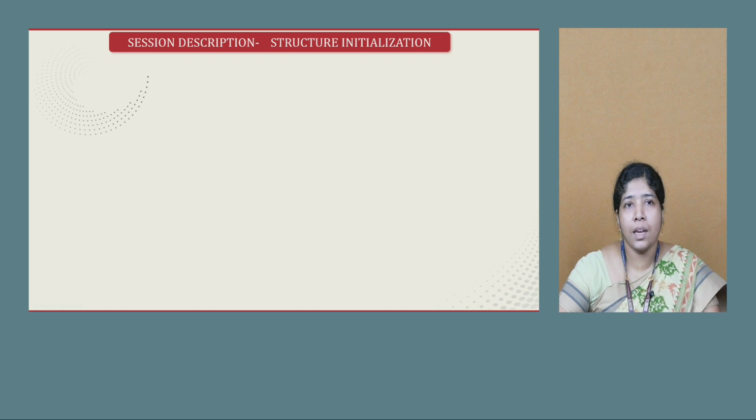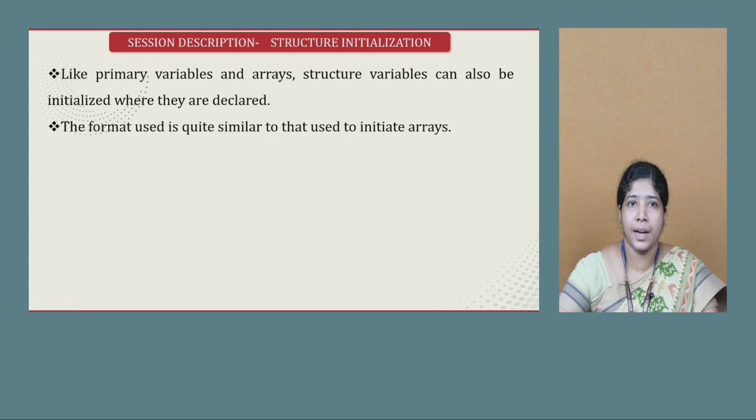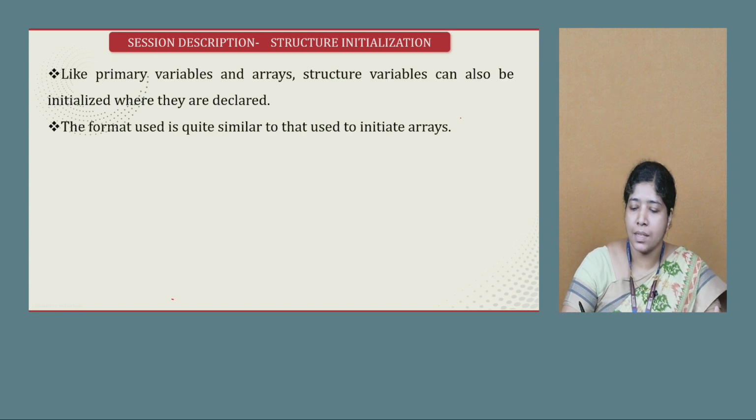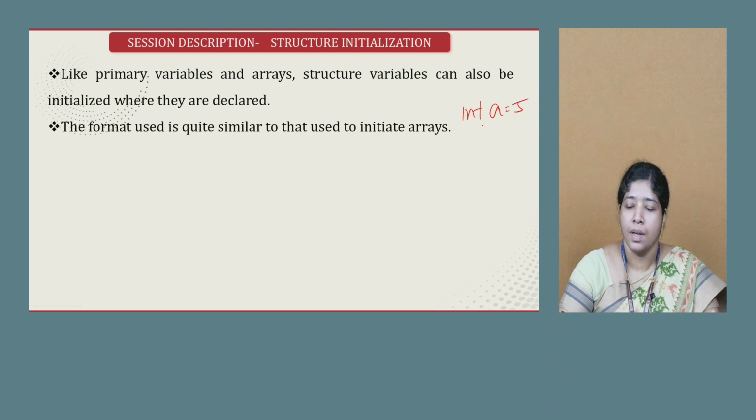Now, any variable once declared, why do we use variables? To assign some values and do some operations. Right now, whenever we assign something as simply as int a equals 5, we are storing a value. If it is an array, we are storing the values of 5 records. The same way, like variables and arrays, structure variables also can be initialized where they are declared.